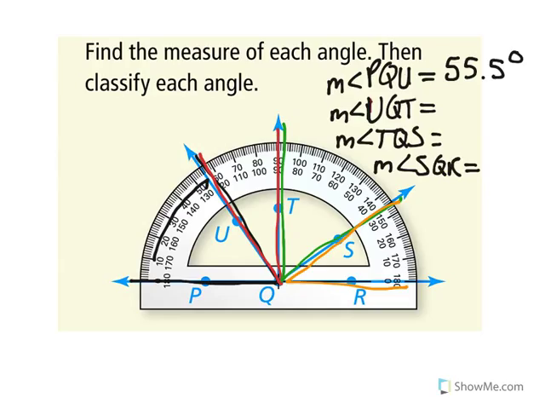UQT goes from that 55 and a half to 90. To find the difference I need to subtract: 90 minus 55.5, which gives me 34.5 degrees.